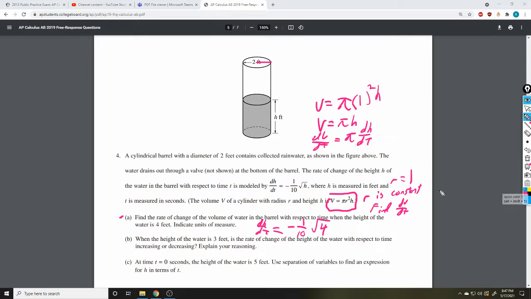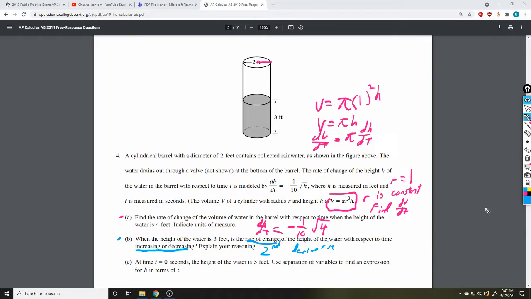Part B. Is the rate of change increasing or decreasing? So here is that question again. Rate of change increasing or decreasing means that I am asking a question about the second derivative. So we need to figure out the second derivative there and then answer whether we're increasing or decreasing.